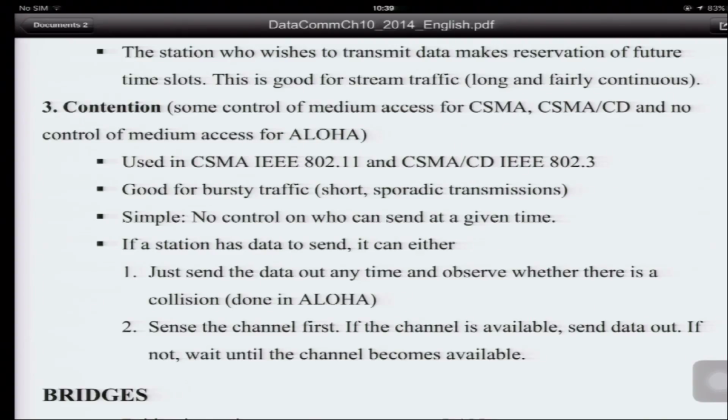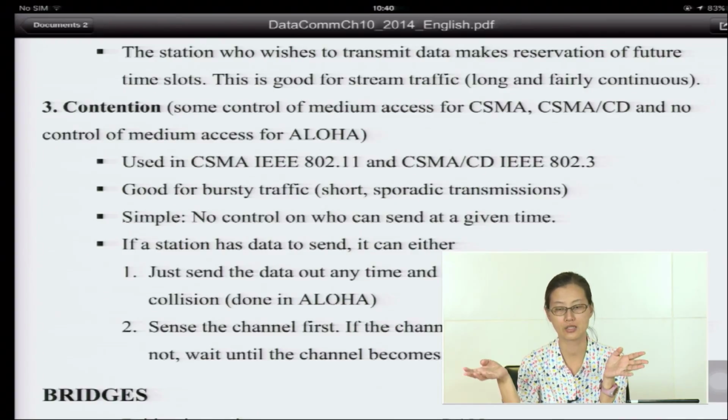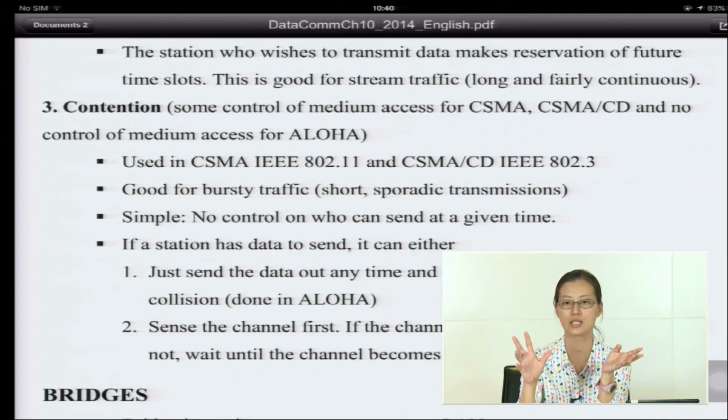So for contention, we use it in IEEE 802.11, which is CSMA, and 802.3, which is CSMA/CD. This one is good for bursty traffic, okay, which means that you send short, sporadic transmissions. So you send, and then you have nothing to send for a long time, and then send again for a short burst.